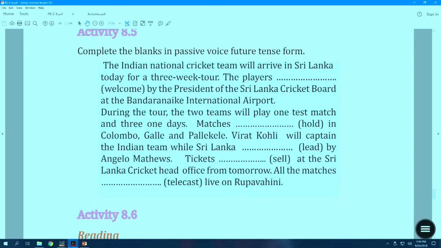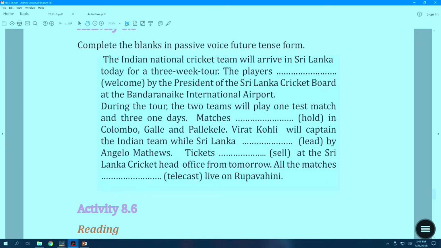The Indian national cricket team will arrive in Sri Lanka today for a 3 weeks tour. The players, blank, welcome, by the President of the Sri Lanka Cricket Board at the Bandaranaike International Airport. During the tour, the two teams will play 1 test match and 3 one-days. Matches, blank, hold, in Colombo, Galle, Pallekele.